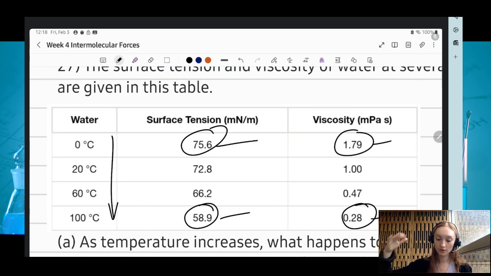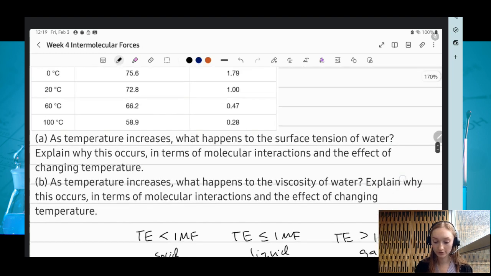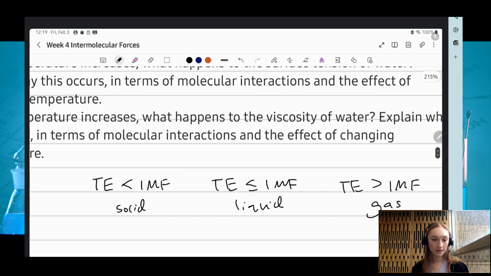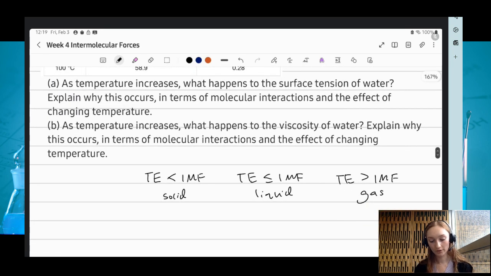So all of those are going down in value as the temperature goes up, and that is the thermal energy basis. So this goes along with those three different ranges, and because of it, there will be less of the intermolecular forces happening. That is the changing effect of what is happening when you boil that water.